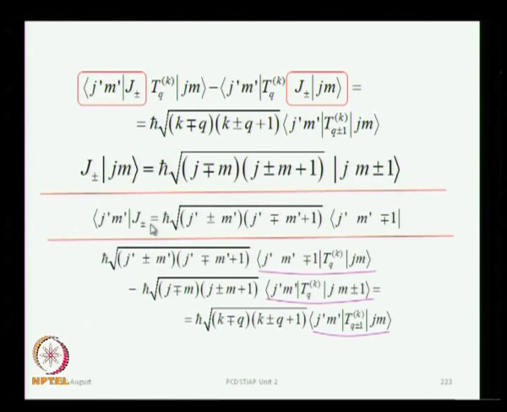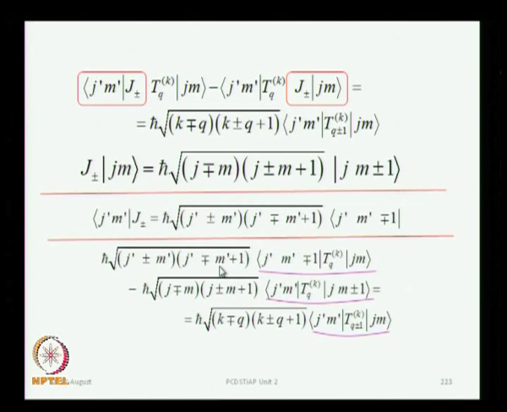We use both the results, and now you have the matrix element of this operator T in angular momentum states, because this result is plugged in from here, this result is plugged in from the first relation here, and now you have these multipliers h cross times the square root terms with the appropriate plus minus signs.